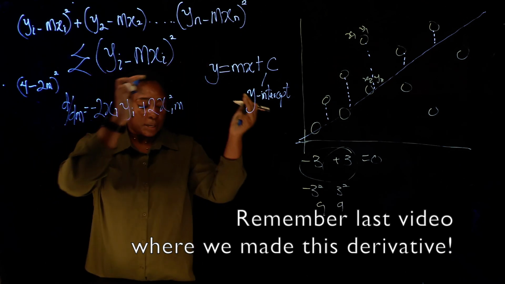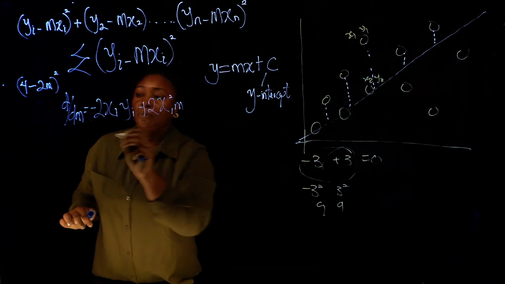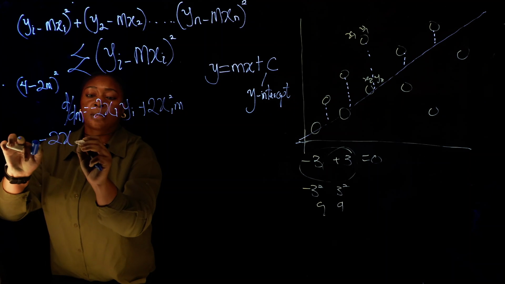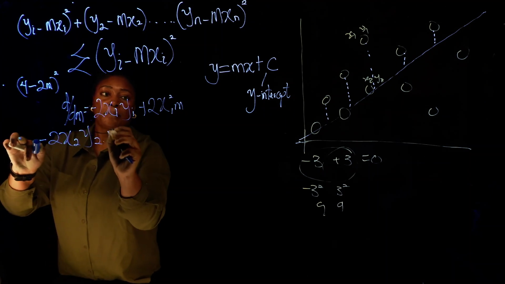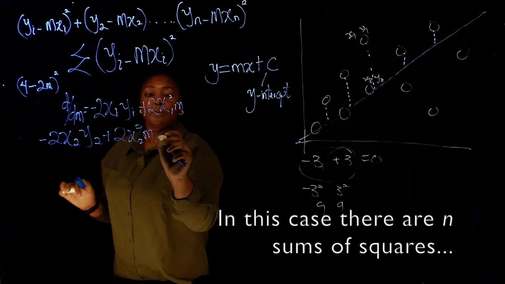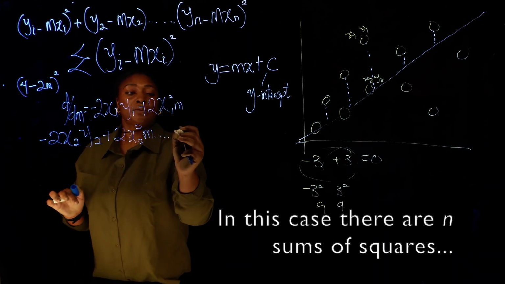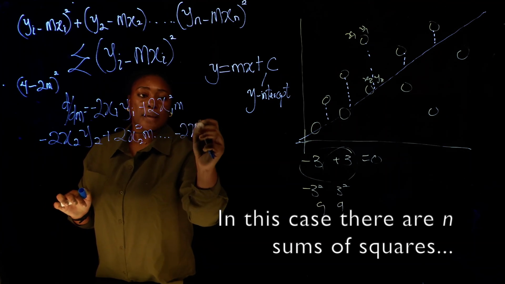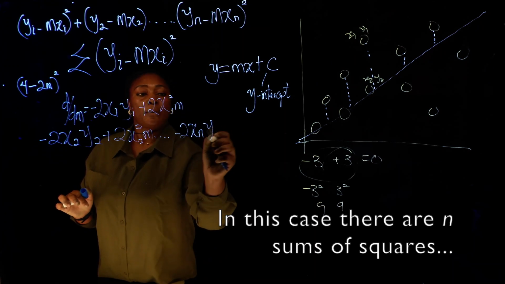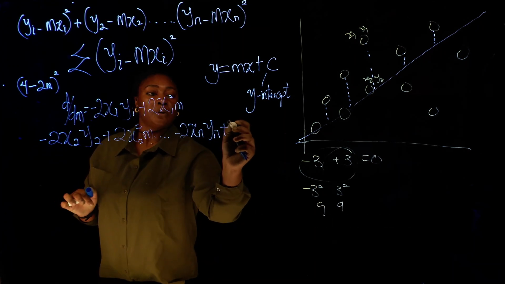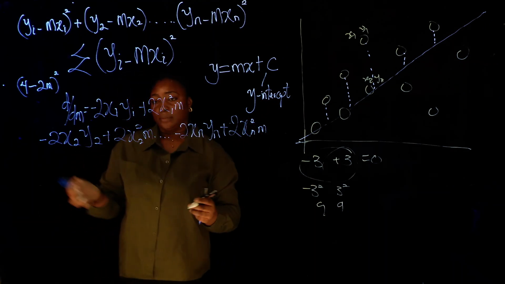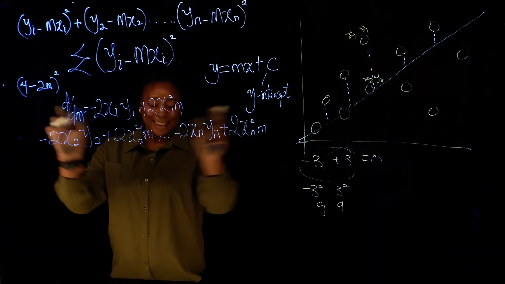This is a summation of all the data points. And then this expression continues like that: minus 2x2 y2 plus 2x2 squared m. And then it goes all the way like that, so minus 2xn yn plus 2xn squared m, where n represents the number of data points.